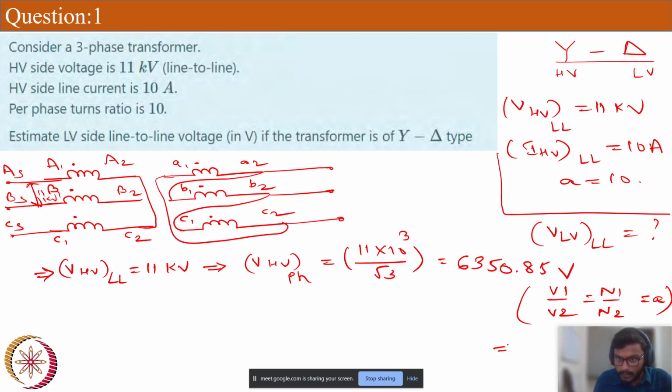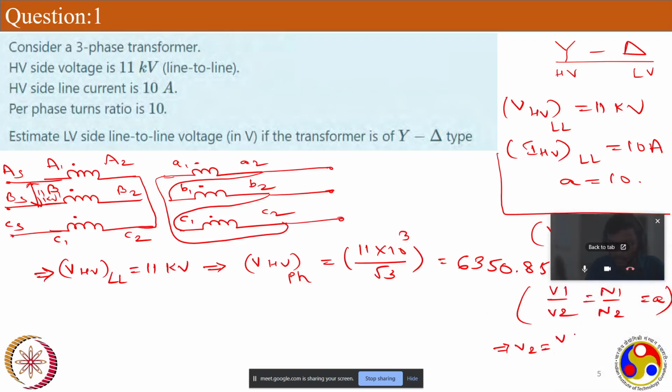So this implies V2 is equal to V1 divided by A. Now I know the high voltage side phase voltage, and I want to get the low voltage side phase voltage, the induced voltage in the secondary side.